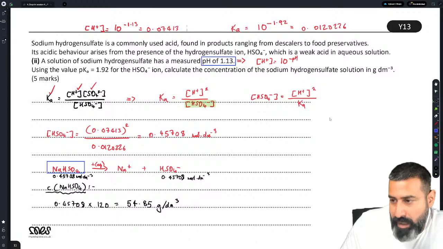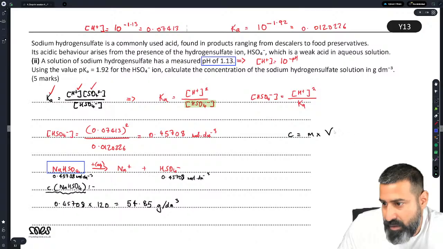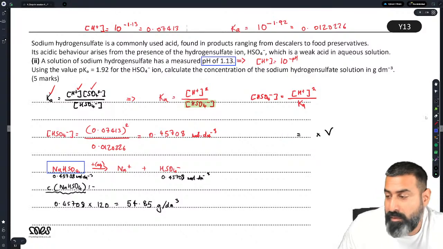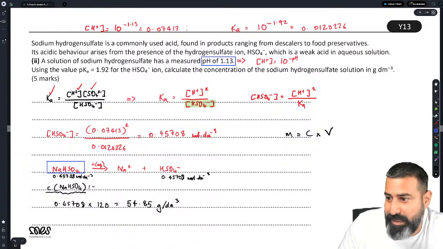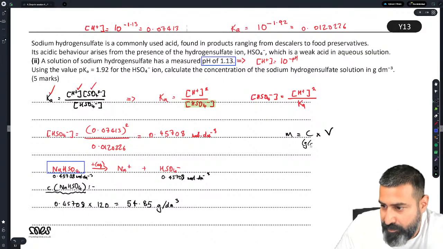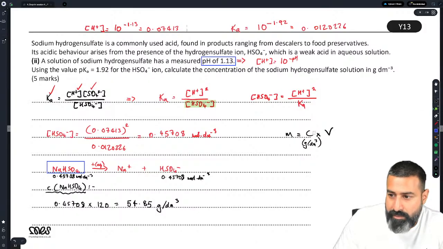So remember, if I've got the mass concentration, the mass equals the concentration times the volume if it's in grams per decimeter cubed, okay?